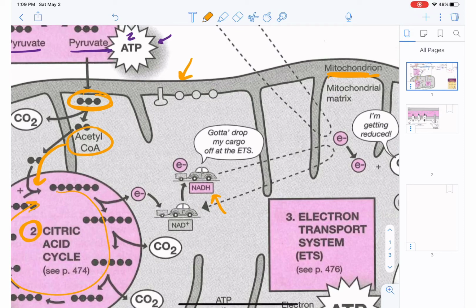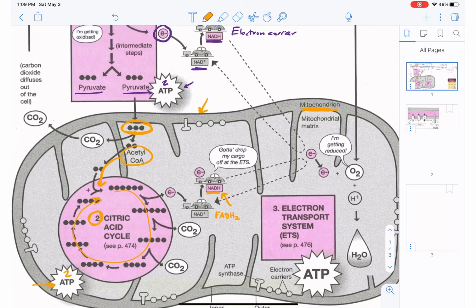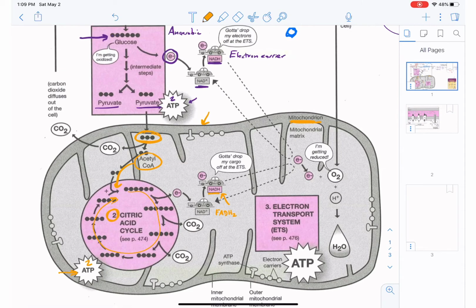So we're making NADH and also FADH2, and both of those are electron carriers. And again, what's going to happen with those electron carriers is they're going to deliver those electrons to the final step of cellular respiration, where all of that ATP is going to be generated.